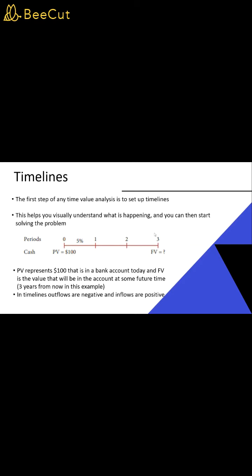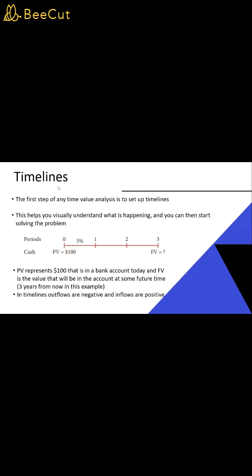Just by looking at this, I can say that somebody has cash worth $100 at time zero, and they are trying to figure out what the future value of this money will be if they invest it somewhere for 3 years at 5%. Maybe somebody's thinking of putting their $100 in a bank that's going to give 5% year on year, and they want to know exactly how much this $100 is going to be worth at the end of 3 years.